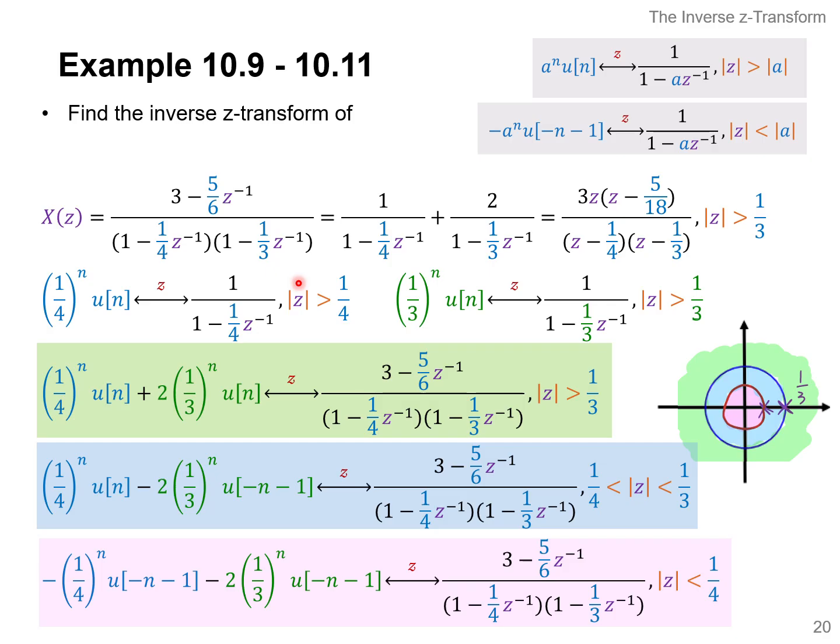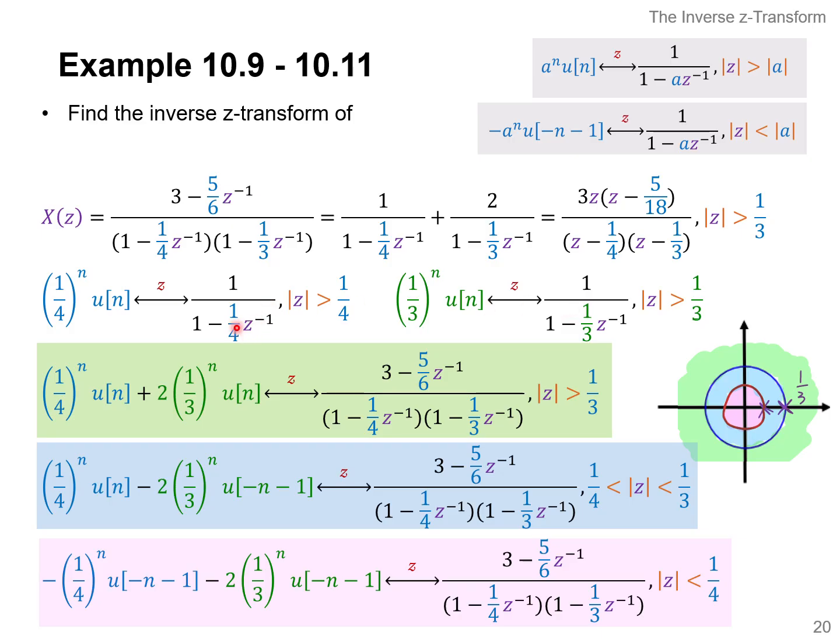We rewrite it as the sum of two simple terms using partial fractions: one term with a pole at 1/4 and one term with a pole at 1/3. Each term matches a known inverse Z transform.